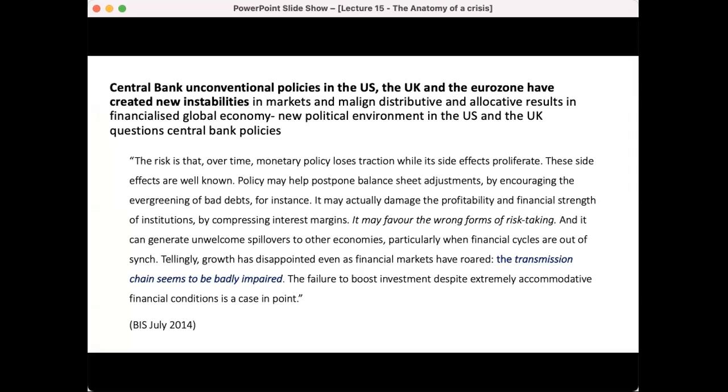For instance, it may actually damage the profitability and financial strengths of institutions by compressing interest margins. It may favour the wrong forms of risk-taking and can generate unwelcome spillovers to other economies, particularly when financial cycles are out of sync. Tellingly, growth has disappointed even as financial markets have roared.